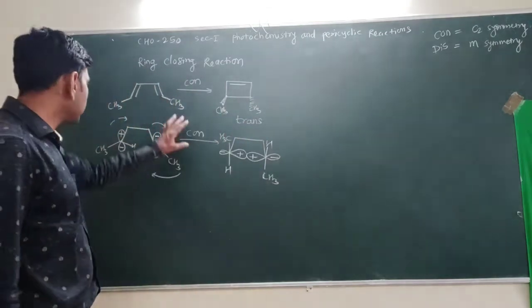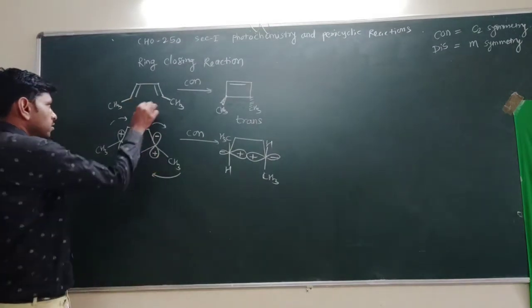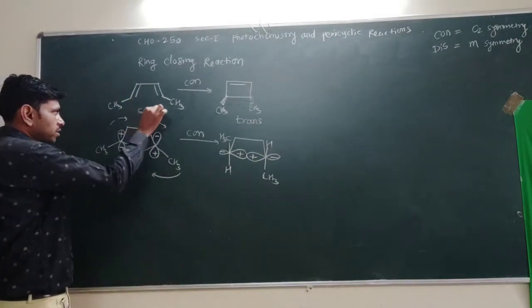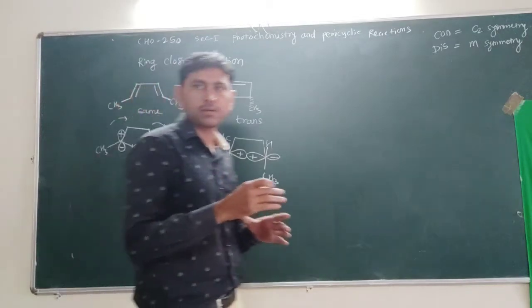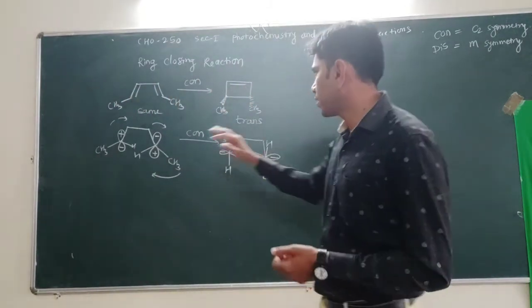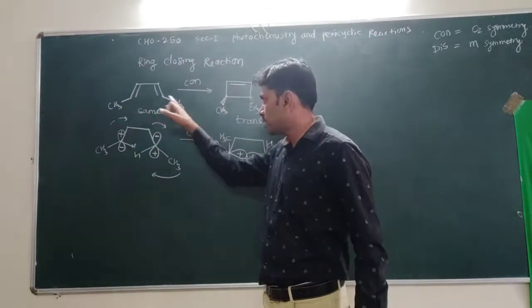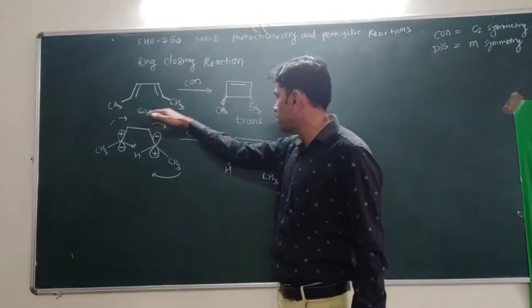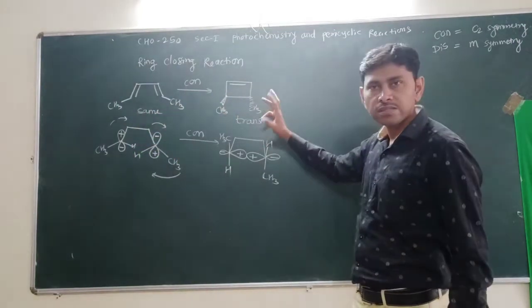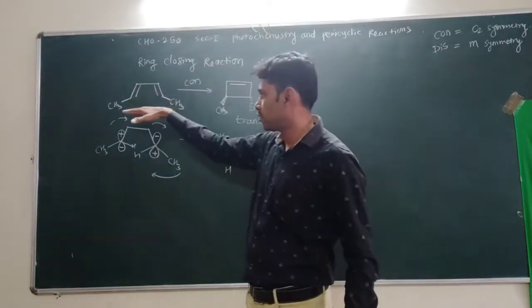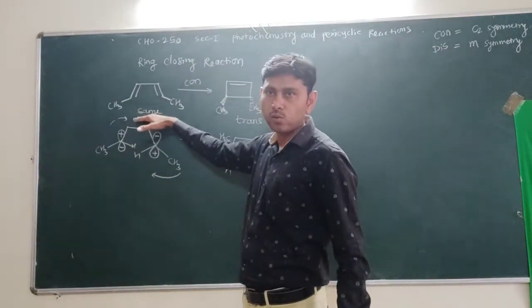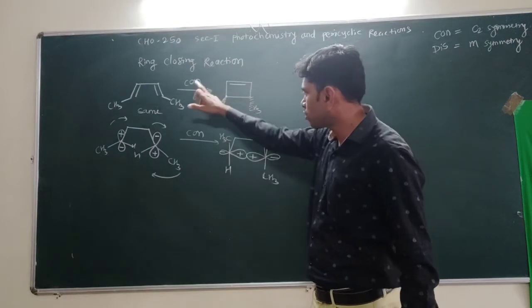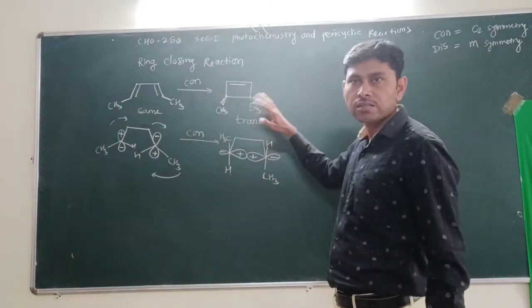That means the same side groups, for our convenience we are taking both CH3 in the outward direction, we say it is same side. But trans means opposite side. When the reactant has same side groups, after conrotation it becomes trans, opposite sides.